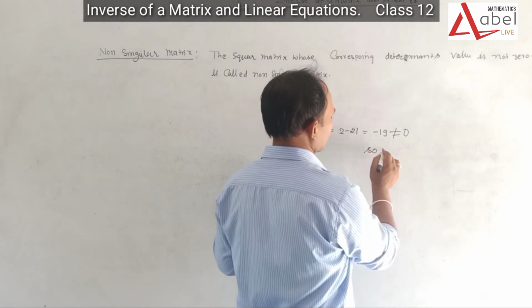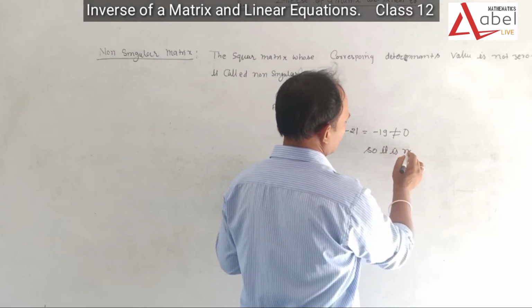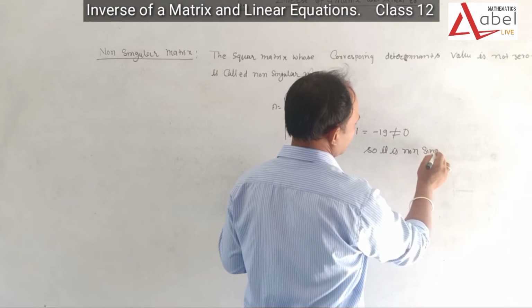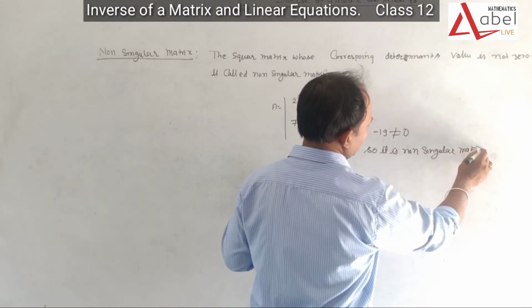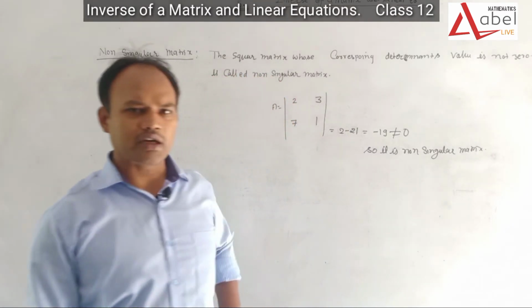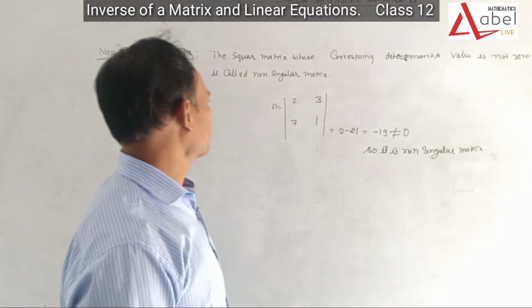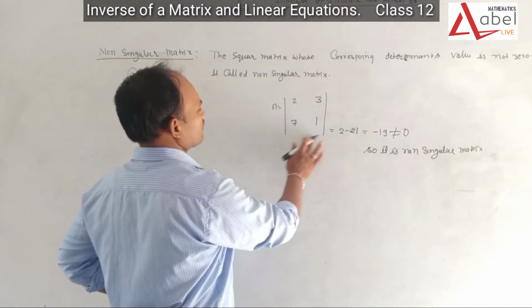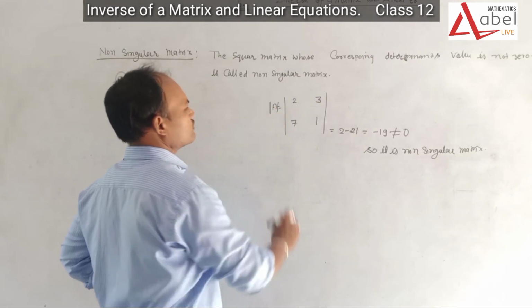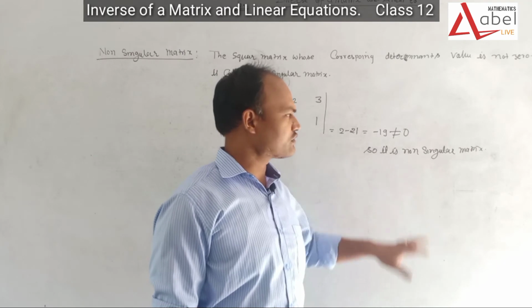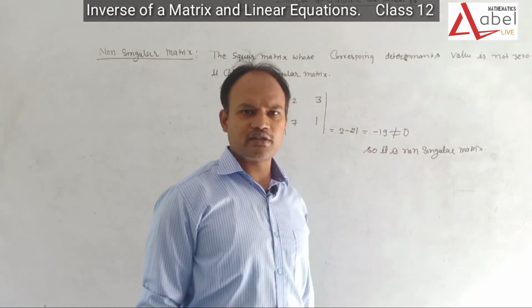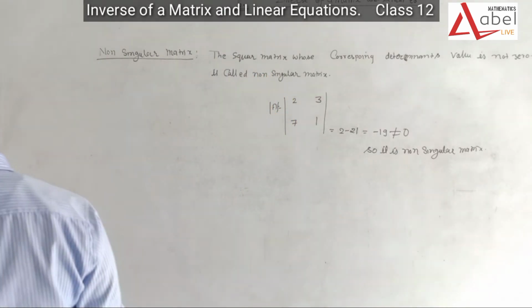So we can say that it is a non-singular matrix because determinant of A is not equal to 0. The value of determinant is not equal to 0, so it is a non-singular matrix. Okay, it is clear now.